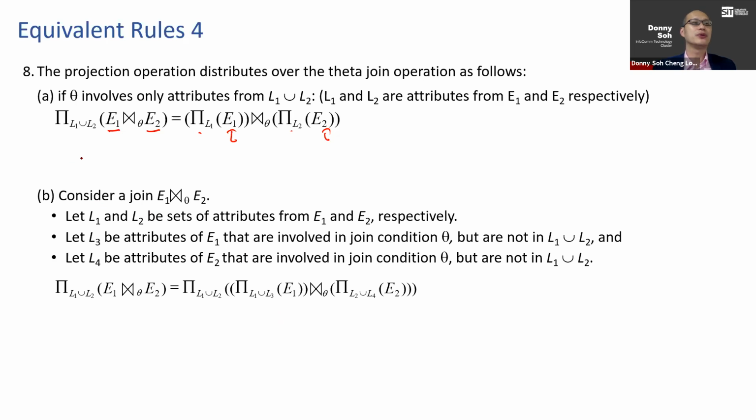So if I have a projection based on just the E1 table, and I have a projection based on the E2 table, I can break out this projection and push this projection inside. Okay, sorry for backtracking on this.